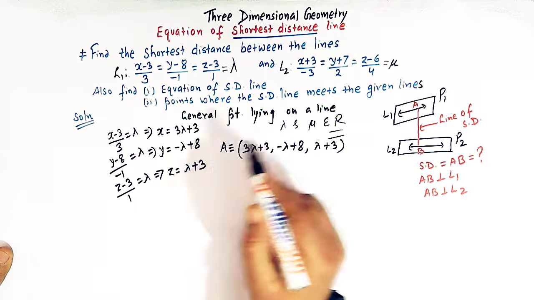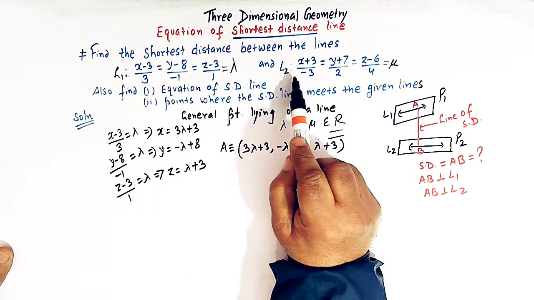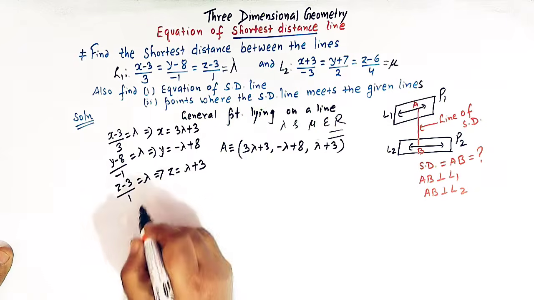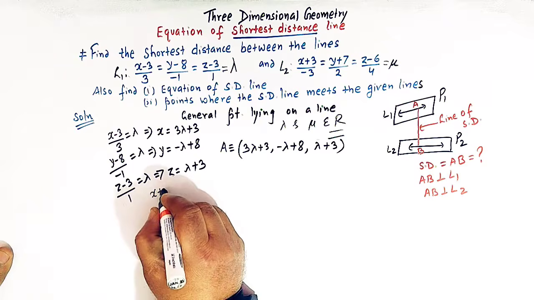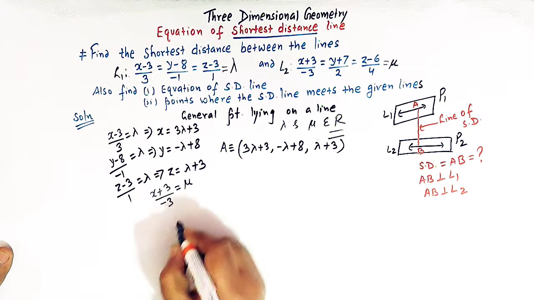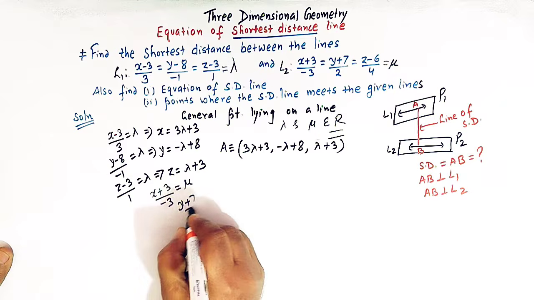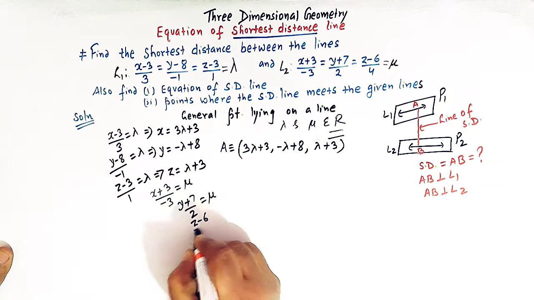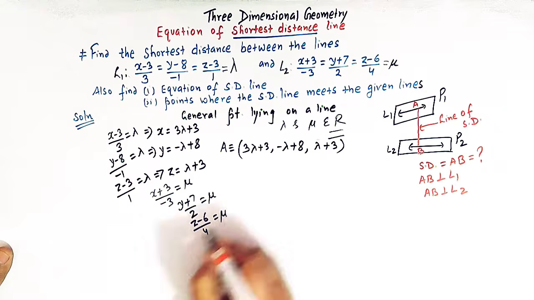Now similarly, let us calculate the coordinates of the general point lying on line L2. Here we have (x plus 3) over minus 3 is equal to mu, then (y plus 7) over 2 is equal to mu, and (z minus 6) over 4 is equal to mu.